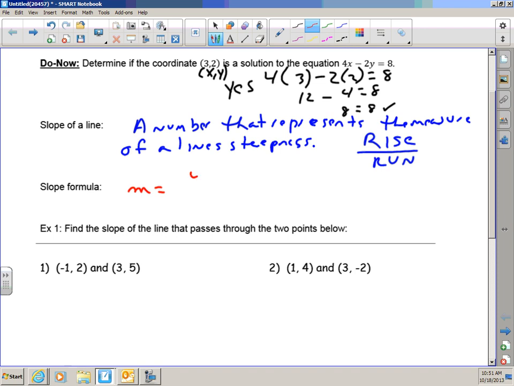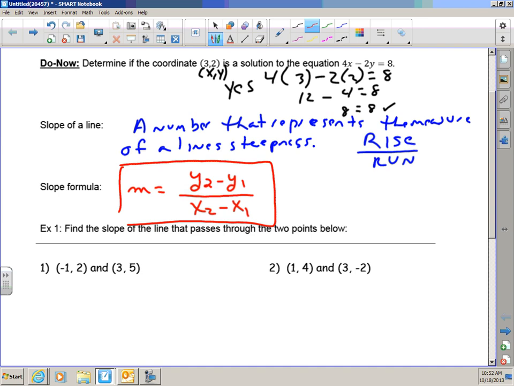And the slope of a line is what's called y2 minus y1 divided by x2 minus x1. These are not exponents. They are notations to tell us that we're using two separate y values and two separate x values. This little formula will now give us the numerical value that will tell us how steep a line is.